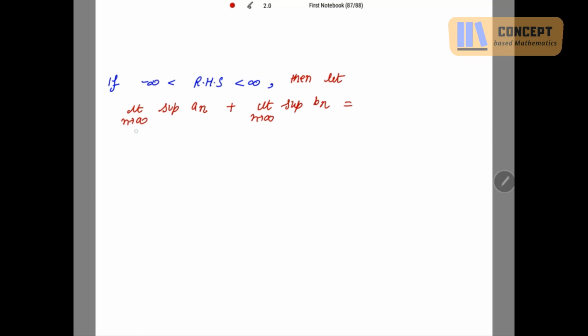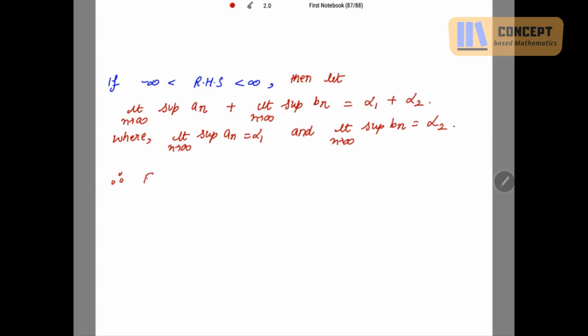Let's take the first one, limit n tends to infinity supremum of an, to be equal to alpha 1, and limit n tends to infinity supremum of bn to be alpha 2.